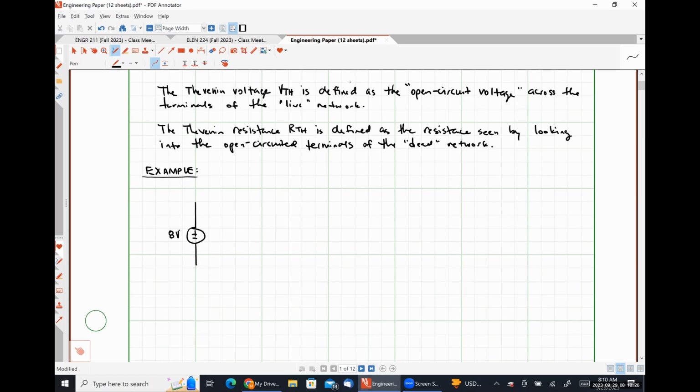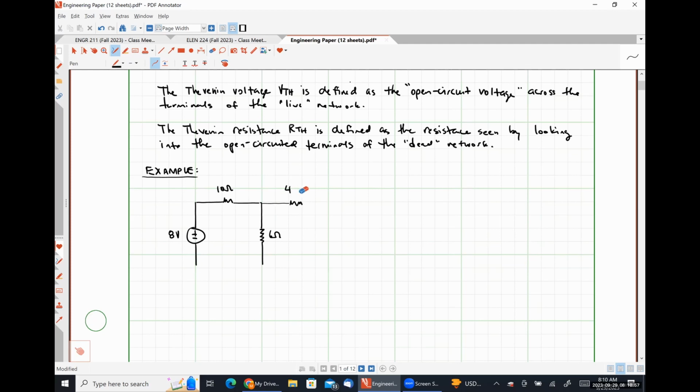Let's just make this an 8-volt source. A 6-ohm resistor. Four-ohm resistor.